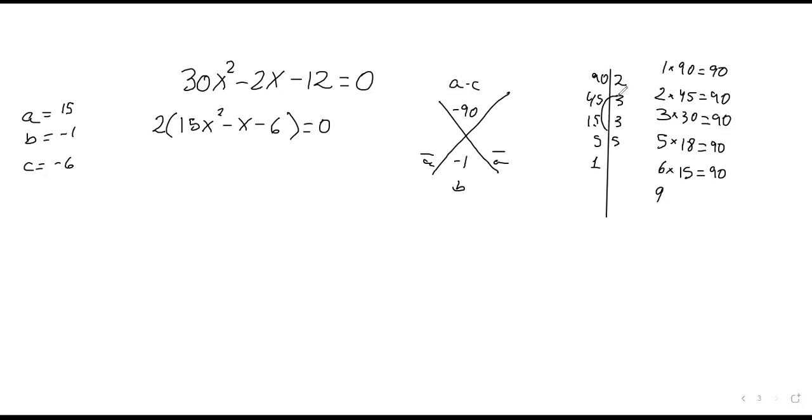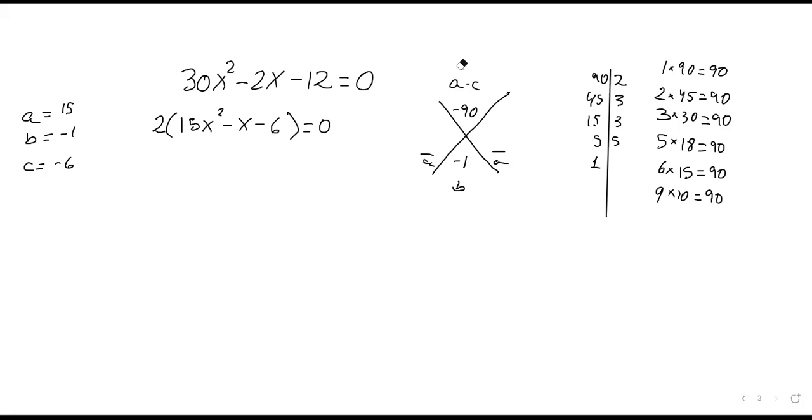We have 9, 9 times 10. And if we have 10, 10 is 2 times 9, but we already did that one here. So that means that we're done. Those are all the possibilities.